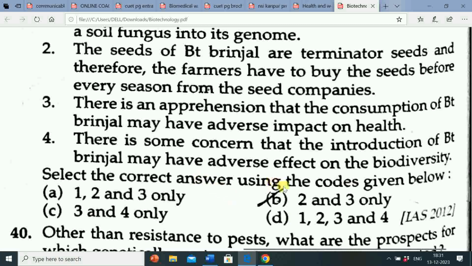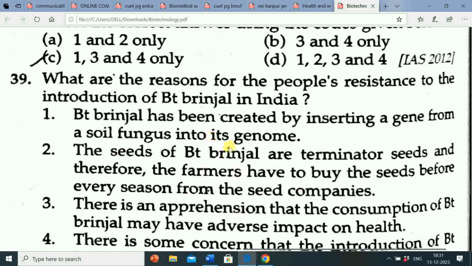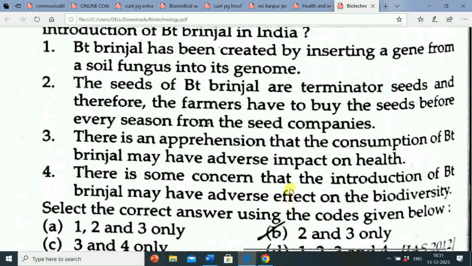Select the correct answer using the codes given below. So the correct answer is option B, that is second and third only. Statements second and third are correct. The seeds of BT brinjal are terminator seeds and therefore the farmers have to buy the seeds before every season from the seed companies.